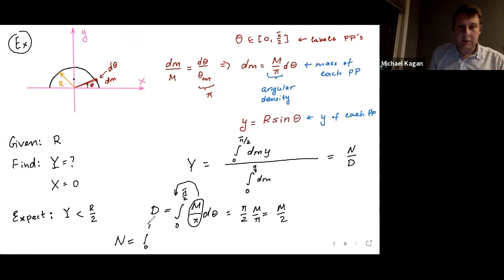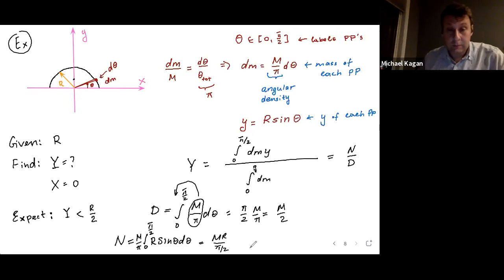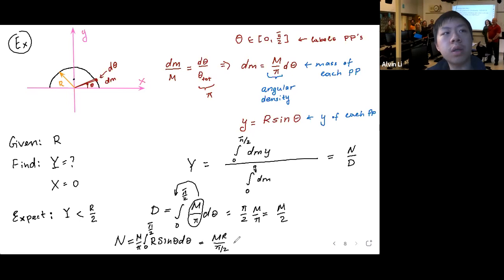So now let's do the numerator. Integral from 0 to pi over 2. Let's put m over pi outside. And then we have r sine theta d theta. R is also constant, so we can just pull it out. Now, what is this integral? Sine theta d theta. Negative cosine.